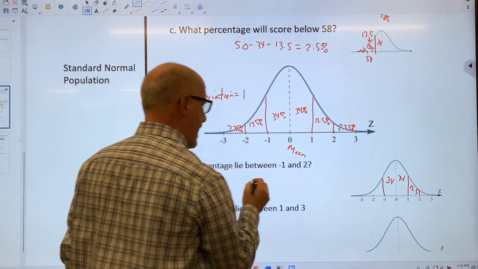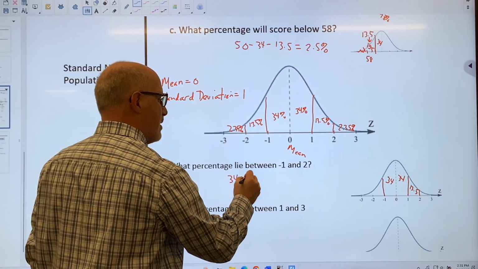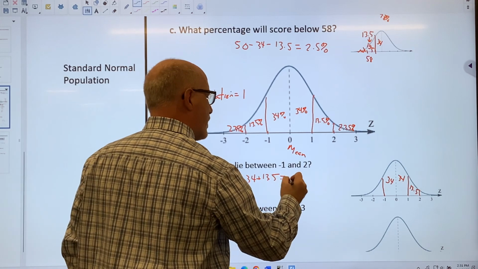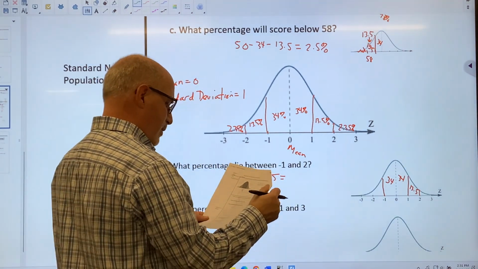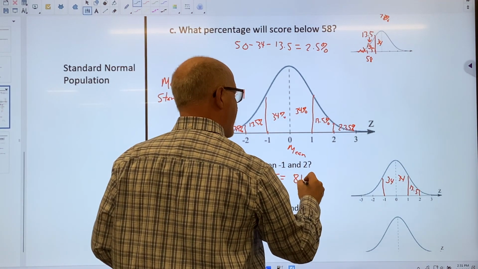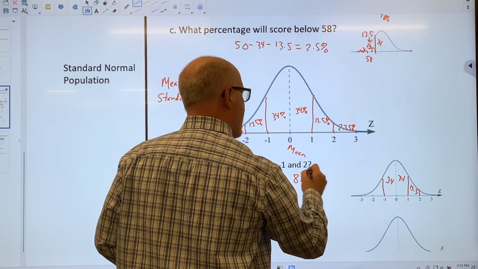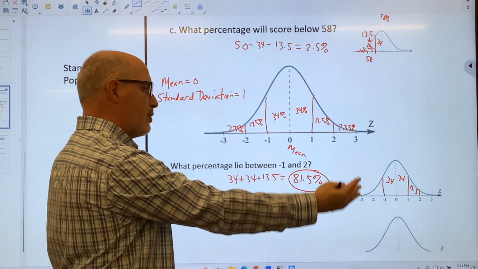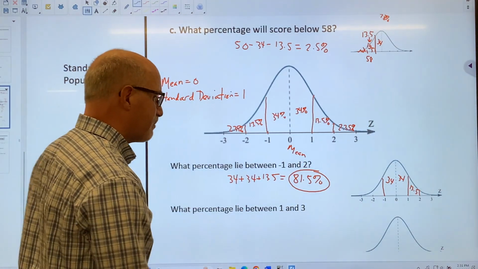So we're just going to add those regions, 34 plus 34 plus 13.5, and when you add those up, you have about 81.5% of the data falls between 1 standard deviation below the mean and 2 standard deviations above the mean.